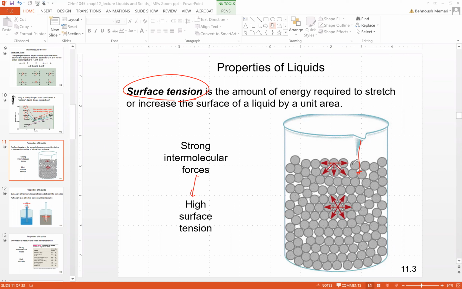Intermolecular forces also affect the viscosity, the resistance to flow for a liquid. If you have concentrated syrup, like honey, it's not going to flow as easily as an iced tea. It can flow.